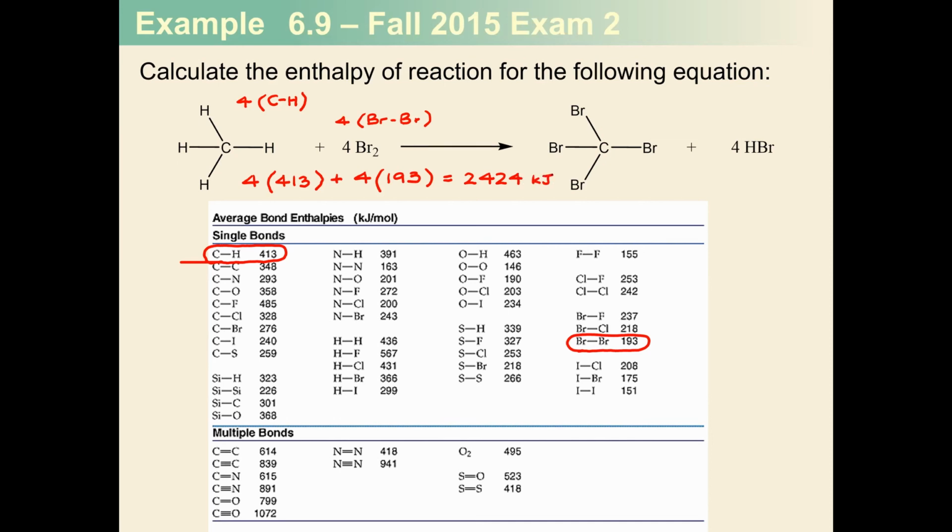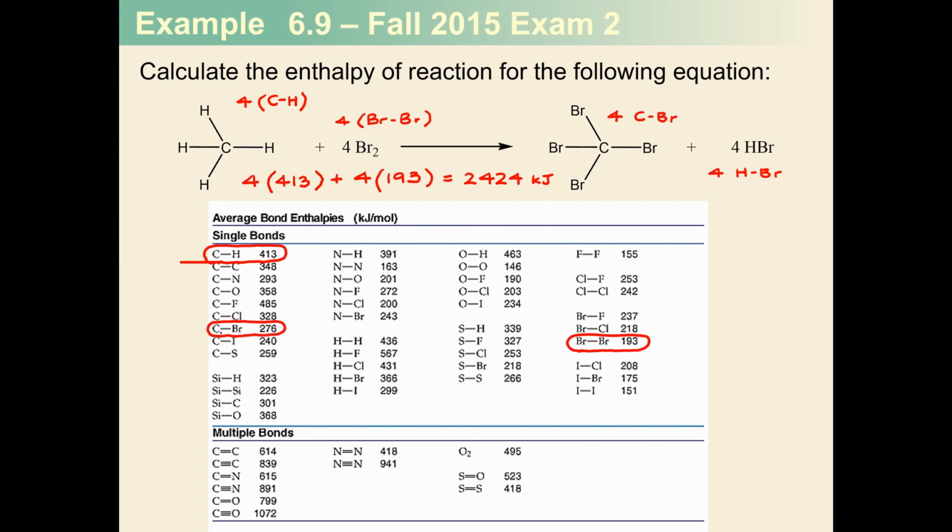So now let us go ahead and look at our products. In this case, you will see that I have 4 carbon-bromine bonds that I need to form. And then I also will form 4 HBr bonds. So now I can go and find those on my chart. So for my carbon-bromine, you can find this here at 276.